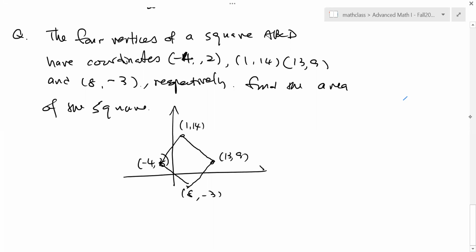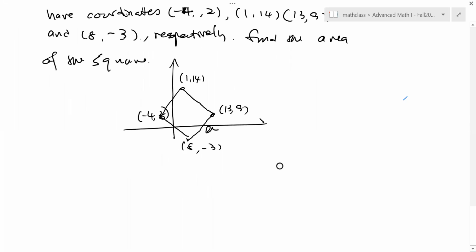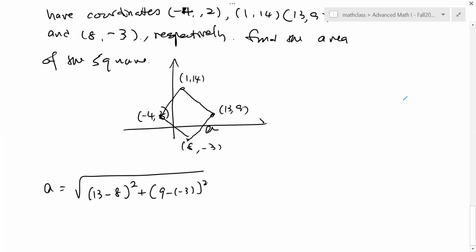So the point is you have to find the edge length. If you're told that this is square, then you just need to find the one edge length, right? You use the distance formula. The distance formula is going to be the difference of the x coordinates, 13 minus 8, and then 9 minus negative 3, squared, right?